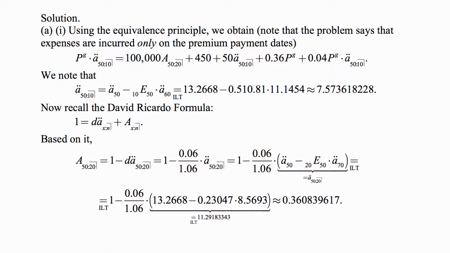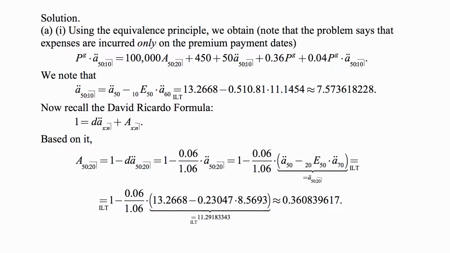And here is the solution. For Part A, we use the equivalence principle to find the premium. So the premium pays for a death benefit and all the expenses. That's basically what you see in this equation.